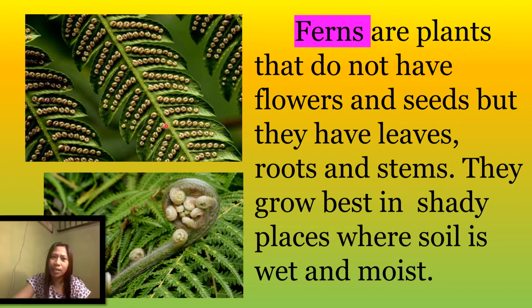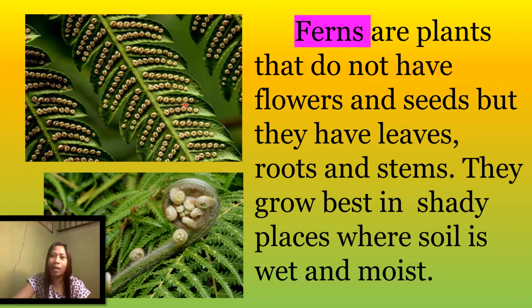Now, what are these things at the back of the leaves of the fern? Ano tong mga to na parang mga buto? Ang mga ito ay tinatawag nating spores. These are called spores. Ito yung dahilan kung bakit dumadami ang mga ferns kahit na wala silang mga flowers and seeds.